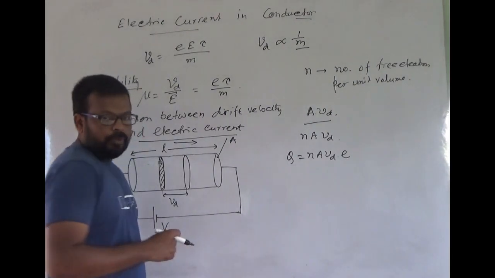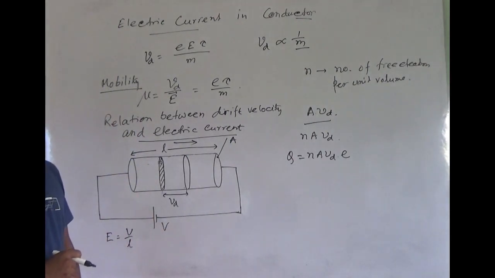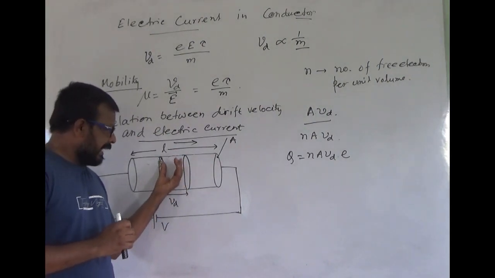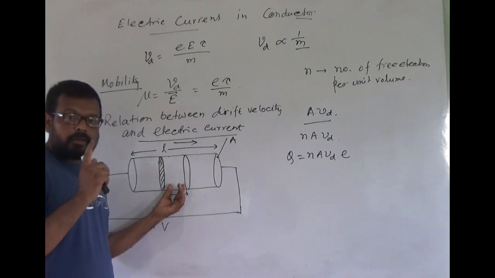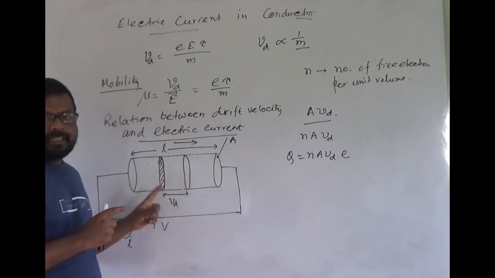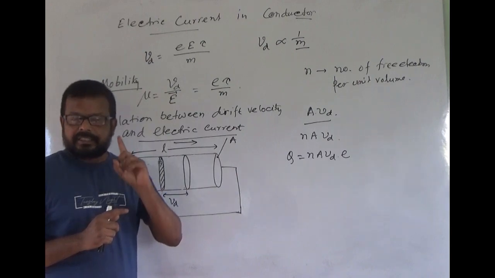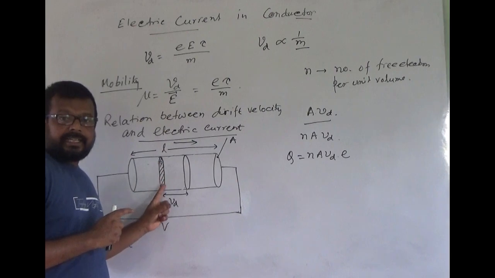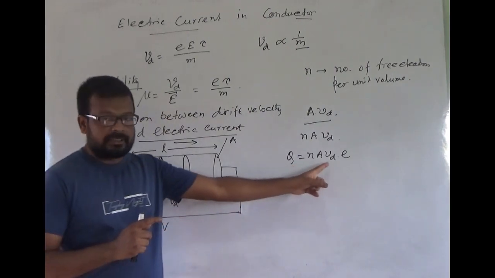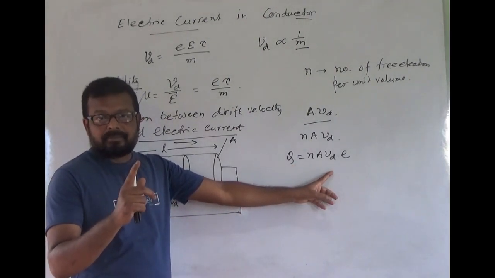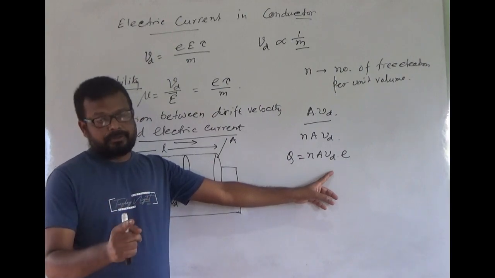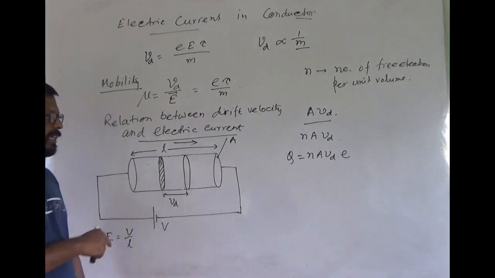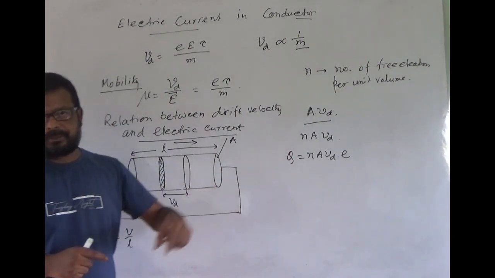And we have already said that the free electrons inside this volume will cross this cross-sectional area in 1 second. Therefore, the charge flowing through this cross-sectional area in 1 second is this, and that is the current.